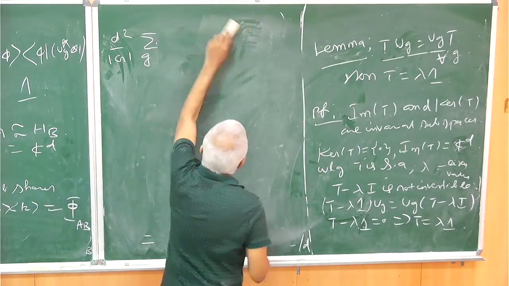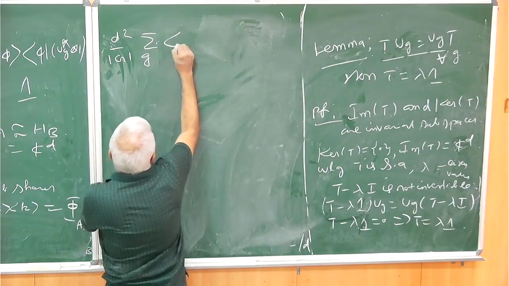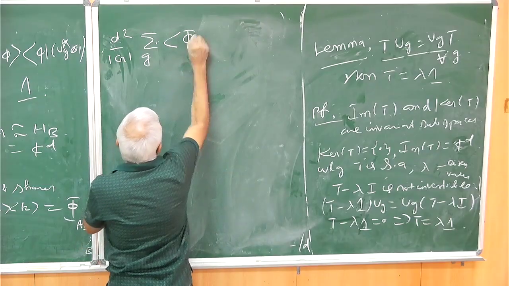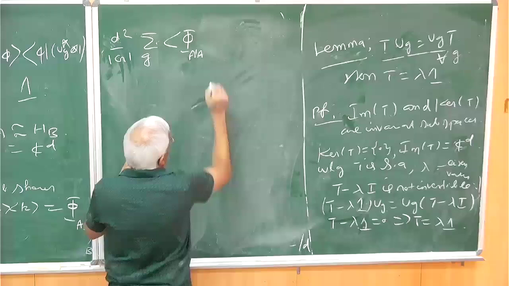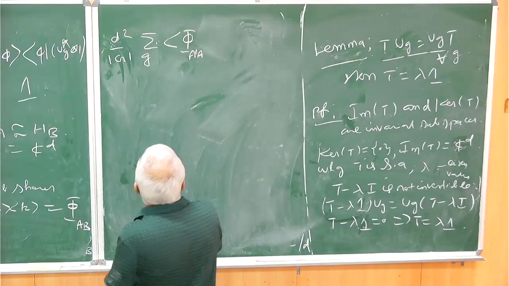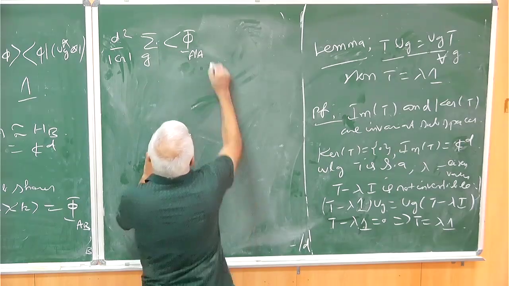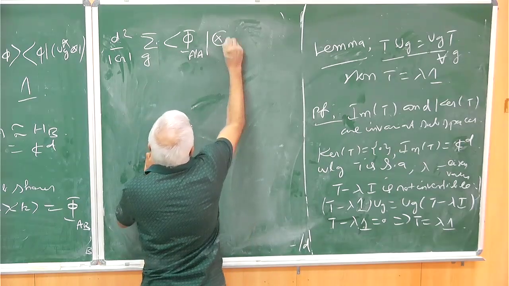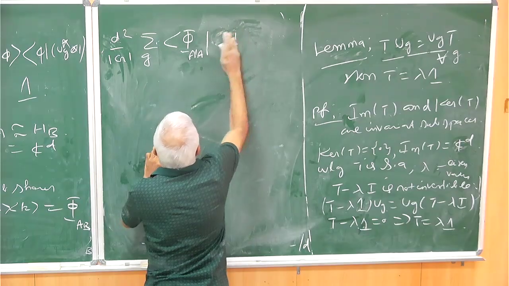Measurement means you have to take the inner product, right? You will have this P between A prime and A, the A prime B maximally entangled state, tensor 1_B.